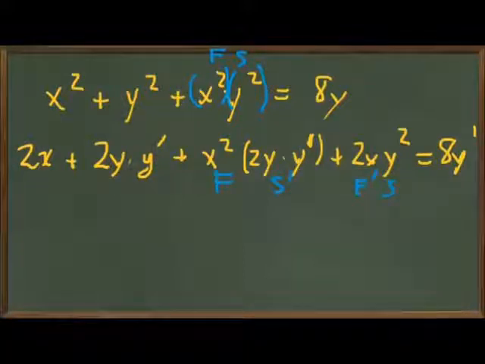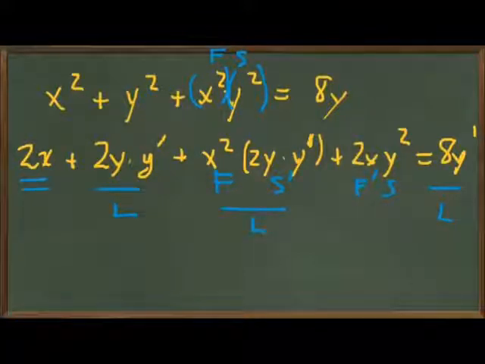Now, our objective in finding y prime is that we have to isolate y prime. We're going to take this term and this term, and make sure that they are all on the left side. And we're going to take all the terms that do not have a y prime in them and move them to the right side. So let's restructure the equation having done that.